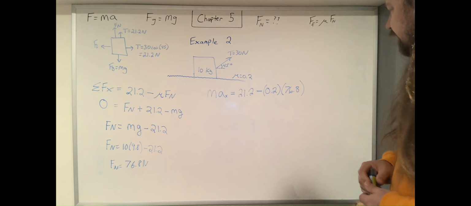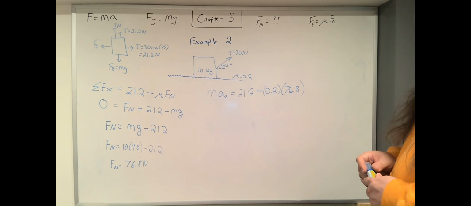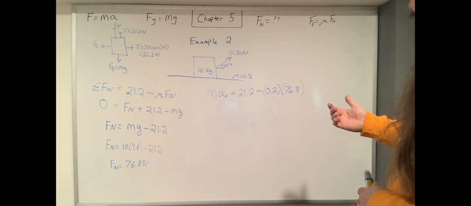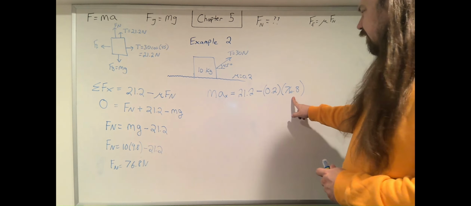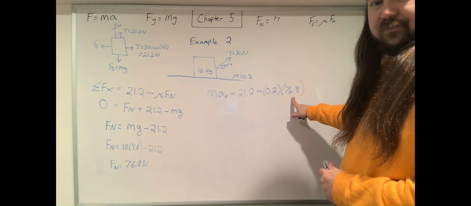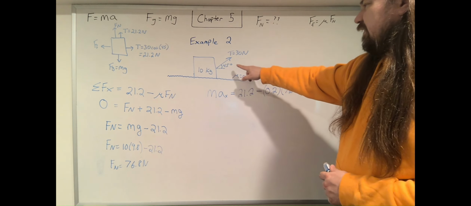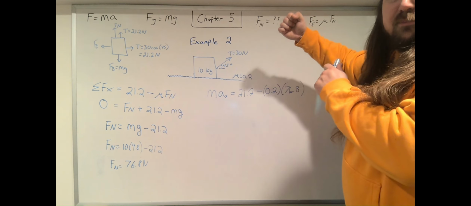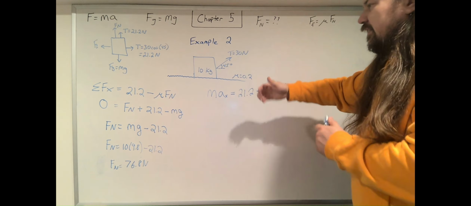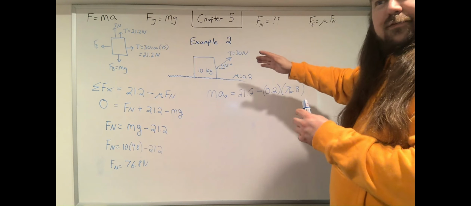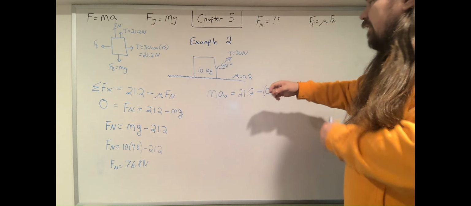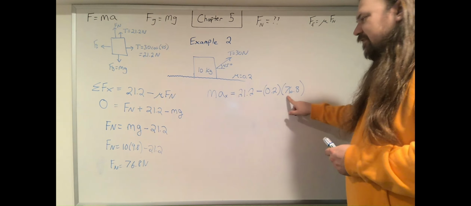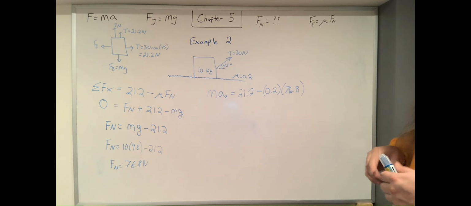Okay, so the 76.8, excuse me, we'll see that this is actually smaller than the last problem that we did, right? And it's because you're alleviating some of the friction by pulling up on the box, right? The box isn't so heavy, if you want to say, onto that frictional surface. You're pulling up on that box, and you're alleviating some of that friction. That's why this number is actually less. Okay, so that should conceptually make sense.